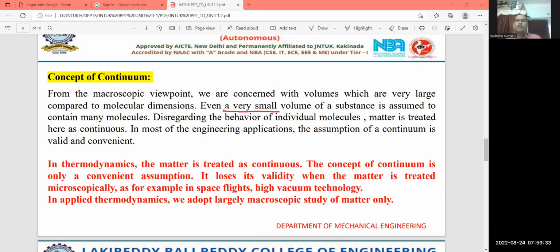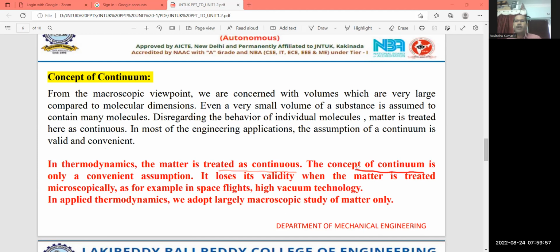Even a very small volume of a substance is assumed to contain many molecules. Disregarding the behavior of individual molecules, matter is treated as continuous. In most engineering applications, the assumption of a continuum is valid and convenient. So in thermodynamics, matter is treated as continuous.